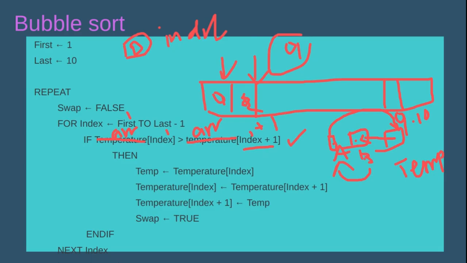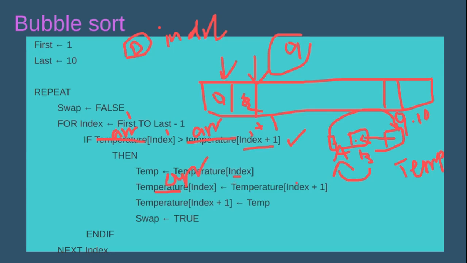So first of all, the value of index, the A box, will be pushed to our temporary variable temp. Now the index is free, so we'll say array of index is equal to array of index plus 1.